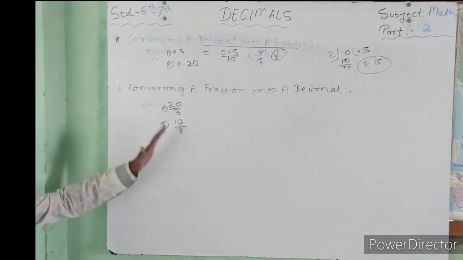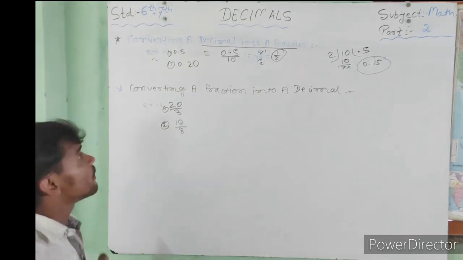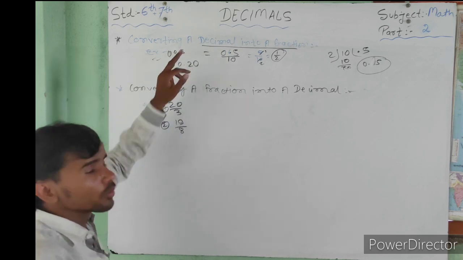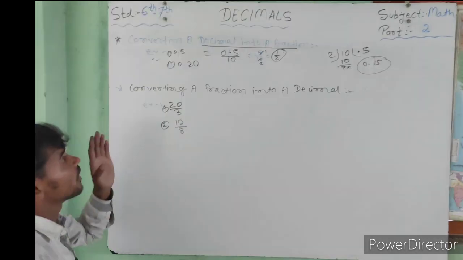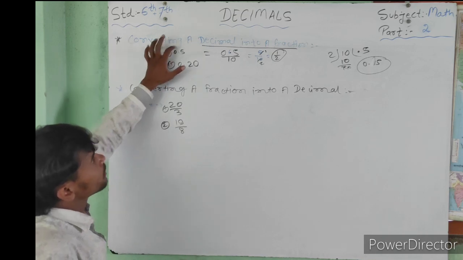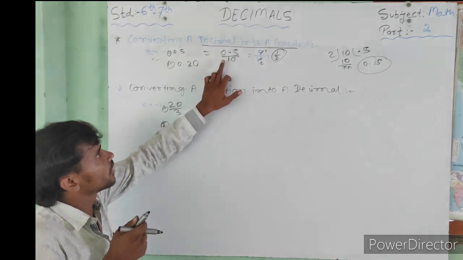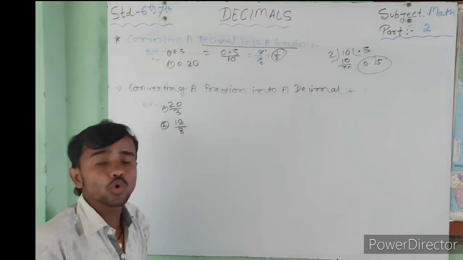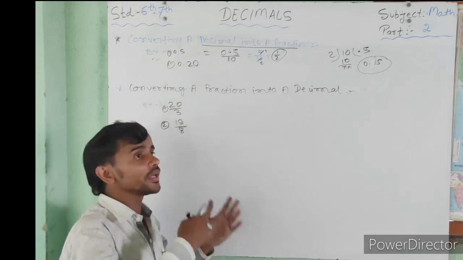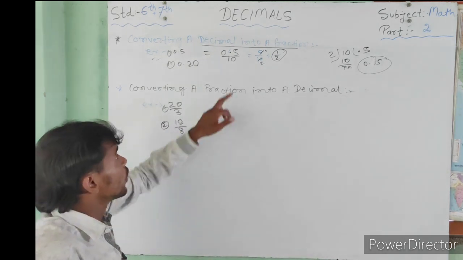Is that clear? When you convert a decimal into a fraction, firstly you remove the dot, then you write 1 in the denominator, and after the dot you count all the digits, and however many digits are available, you write that many zeros.